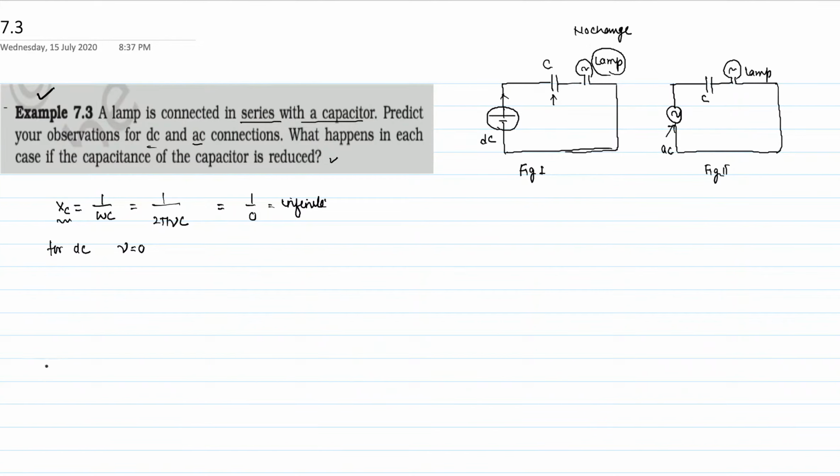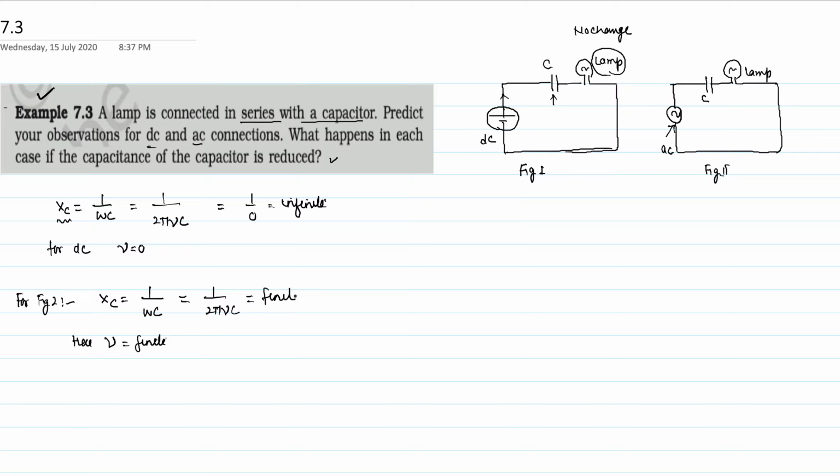Now for figure number 2, the input is in the form of AC voltage, and in case of AC, the capacitive reactance is equal to 1 by omega C, which is 1 upon 2 pi nu C. Here the frequency is of some finite value, and Xc will become finite.